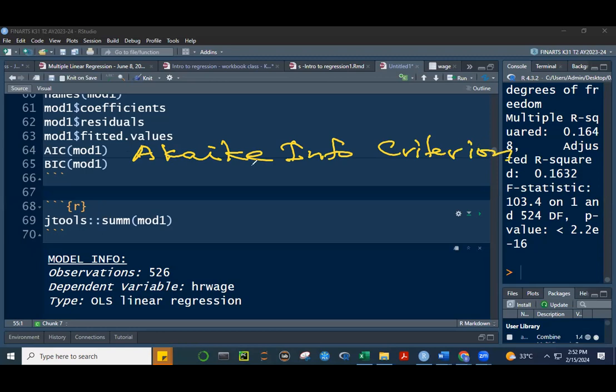And this one, BIC, is your Bayesian information criterion. Practically, they're the same. They're measuring information loss. Okay, so the lower the AIC and the BIC, the better. It means lower information loss.